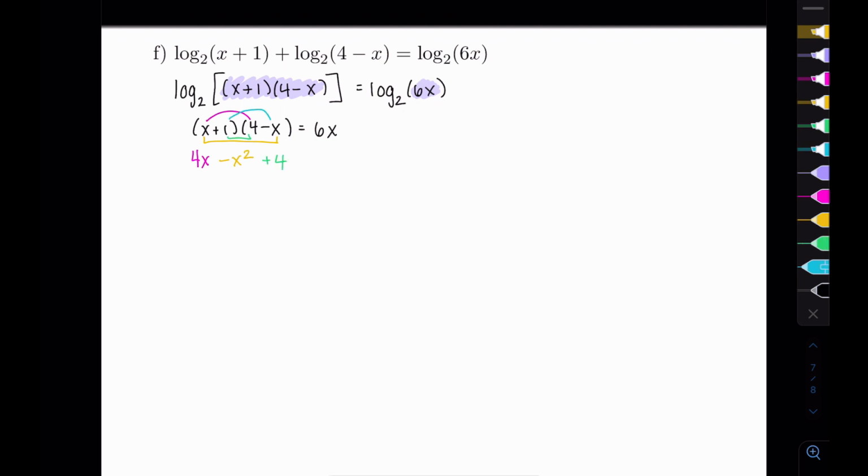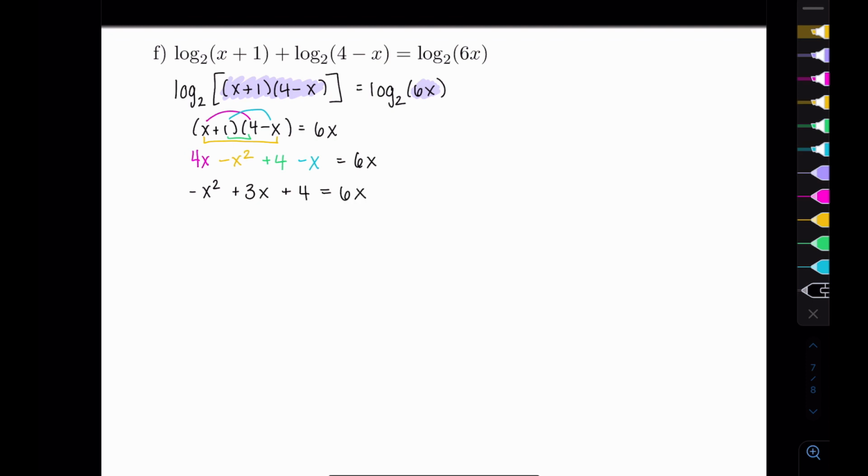And the last term is minus x. That equals 6x. Condensing the two like terms and putting things in the correct order, this is negative x squared plus 3x plus 4 equals 6x.